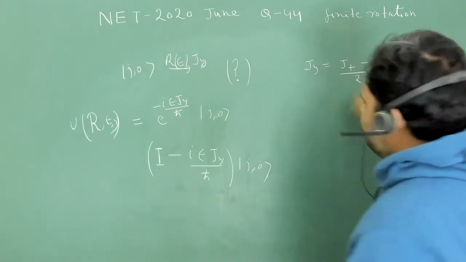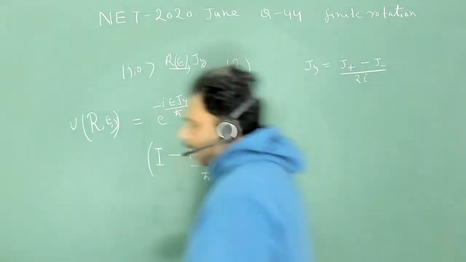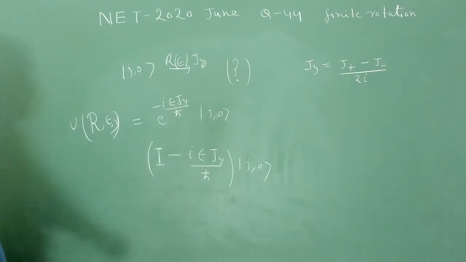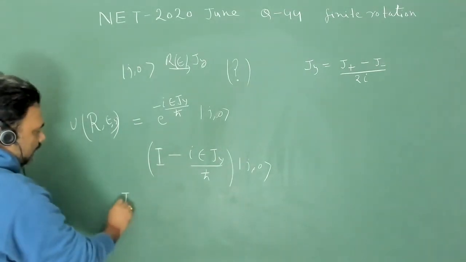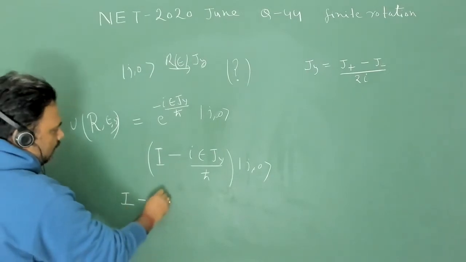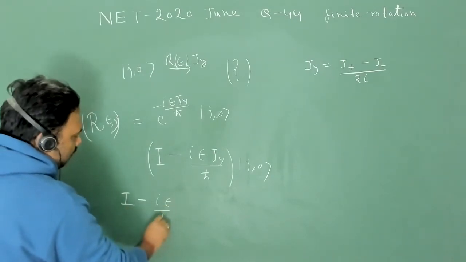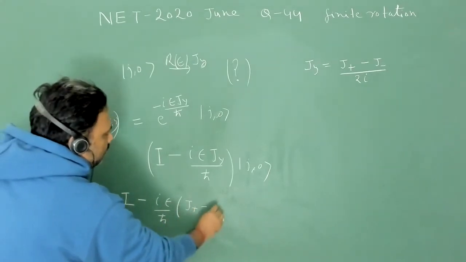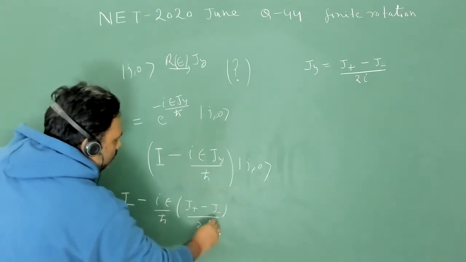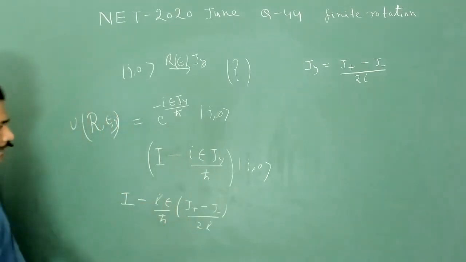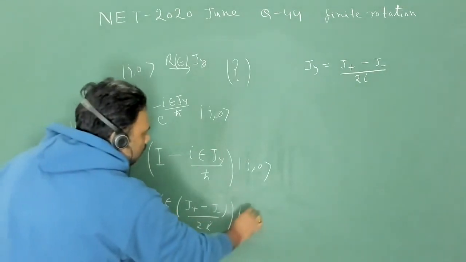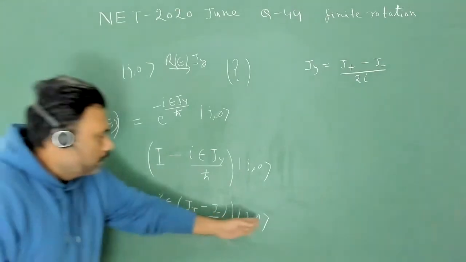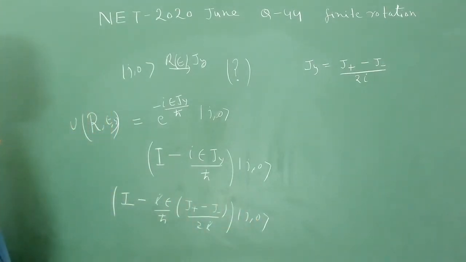So we can write it in terms of the Jy operator: 1 minus i epsilon upon h cut times J plus minus J minus upon 2i. The i cancels out, and we operate on |j0⟩. Obviously the identity operating on |j0⟩ gives exactly the same thing.